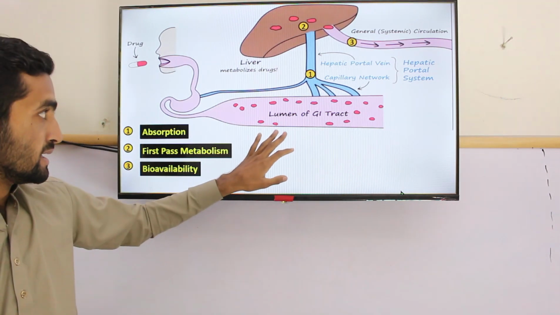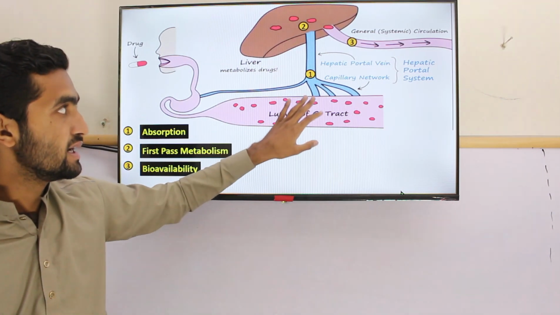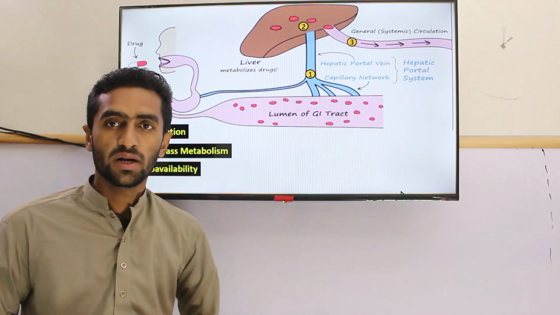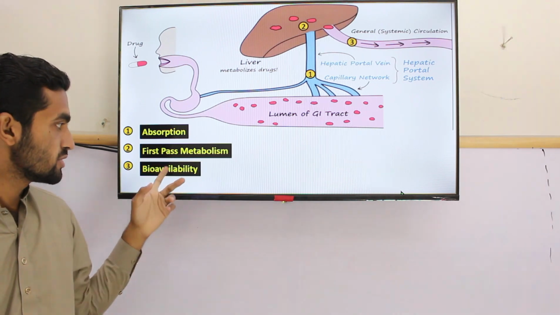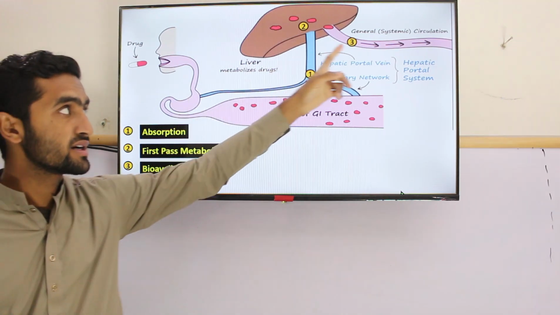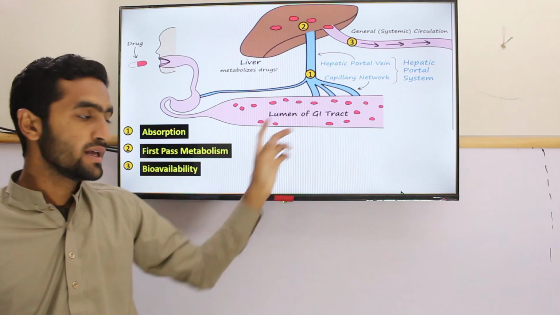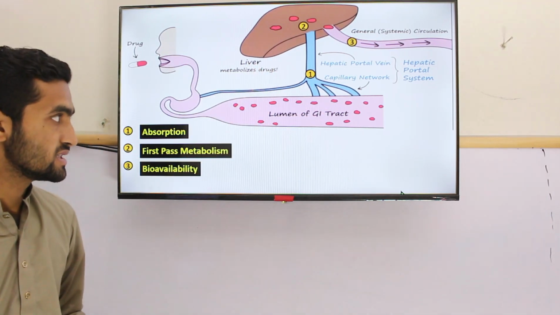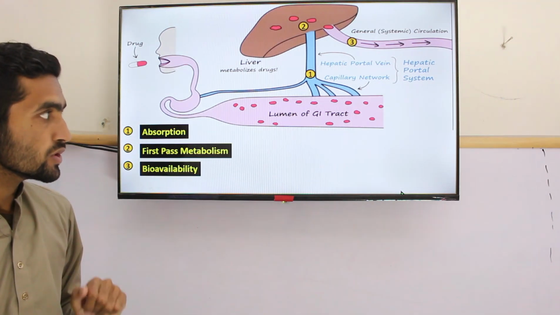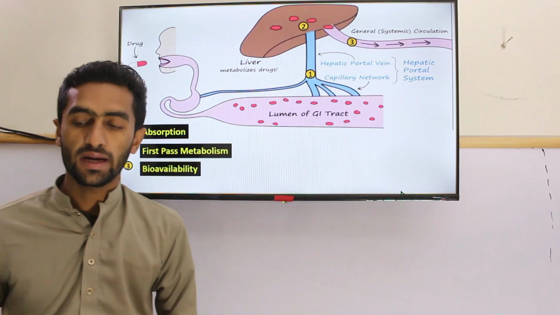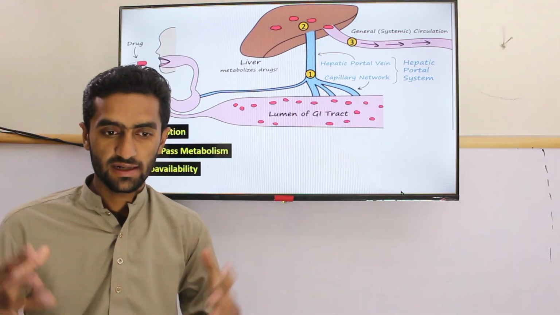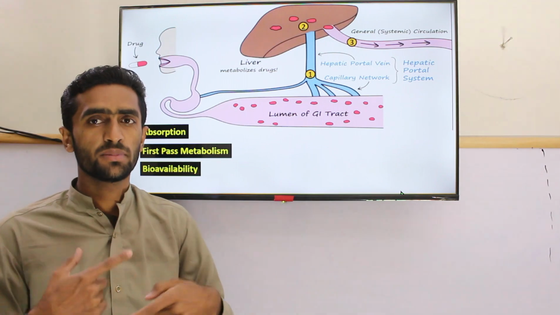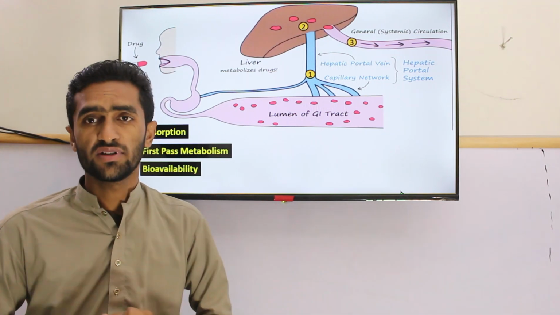Although we have studied absorption in physiology, these two terms are key: first pass metabolism, the drug destroyed by the liver, and bioavailability, the amount of drug reaching the systemic circulation. So this is our first concern. We need to look at why we are interested: some drugs bypass first pass metabolism, some undergo it.